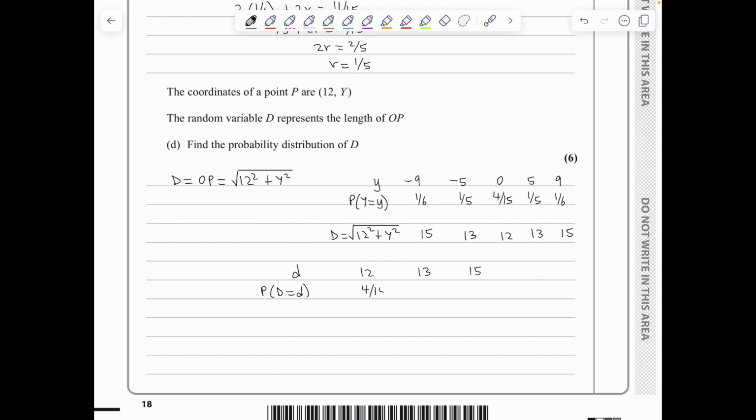For 13, it's when we've got y to be negative 5 or 5. So a fifth plus a fifth is 2 over 5. And finally, for 15, it's when y is negative 9 or 9. So a sixth and a sixth, which gives an answer of a third. If you add these three probabilities up, you of course arrive at the result of 1.